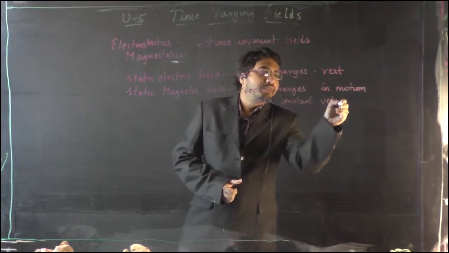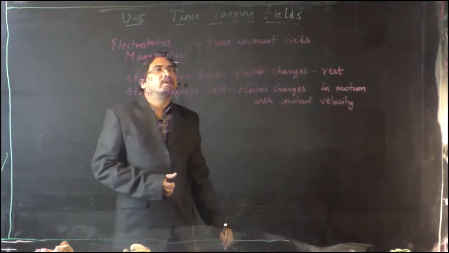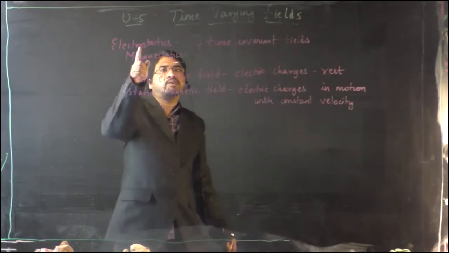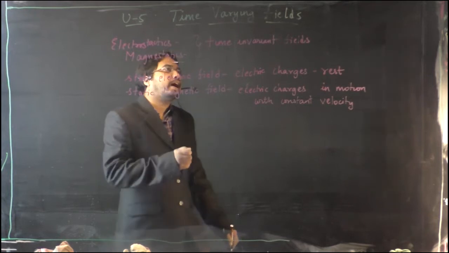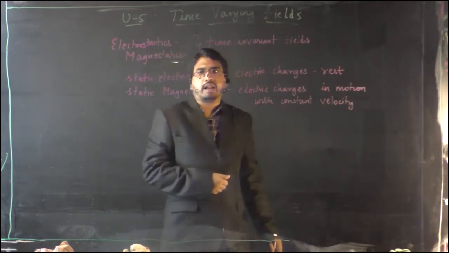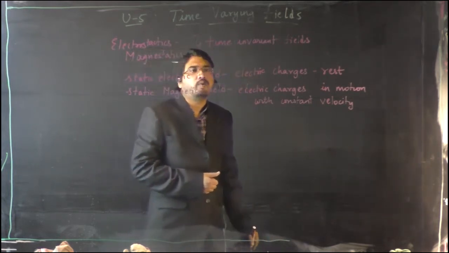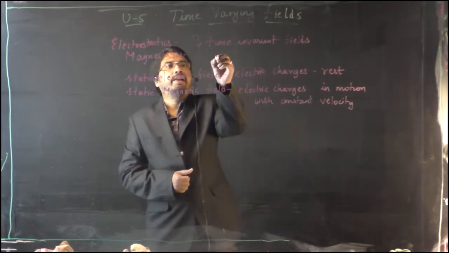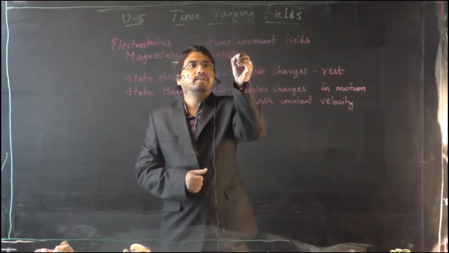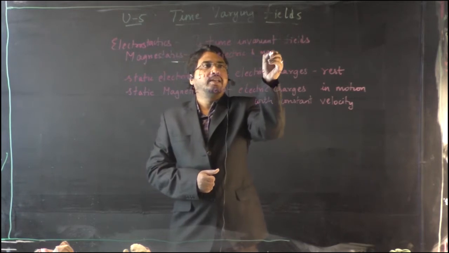So if you deal with your first unit and second unit, electrostatics and magnetostatics, they are time invariant fields. Time invariant means they are not varying with respect to time.